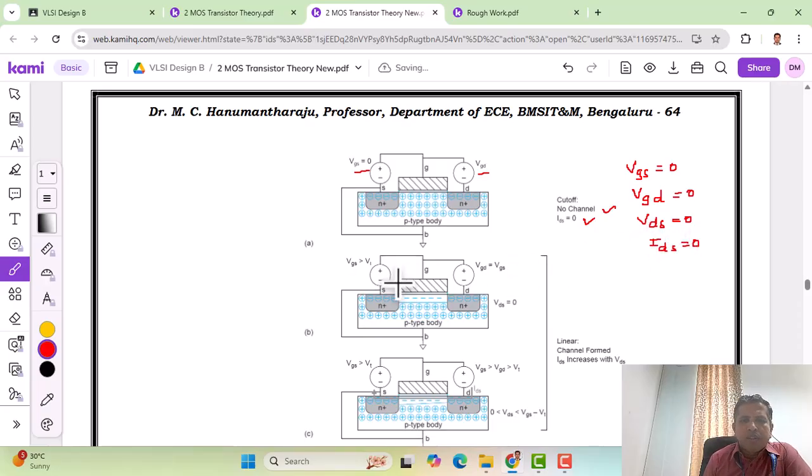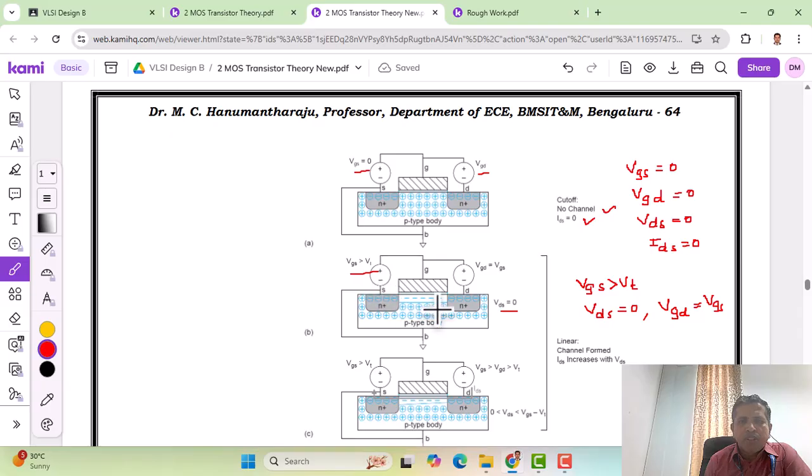What about the second level? Here we have taken VGS greater than VT. As you can see, there is a formation of a channel. The channel is uniform because we applied VGS greater than VT and VDS is equal to 0. So here VGS is greater than VT, VDS is 0, and VGD equals VGS.